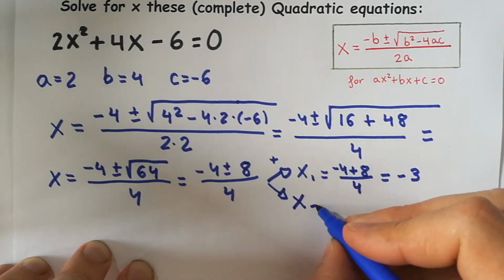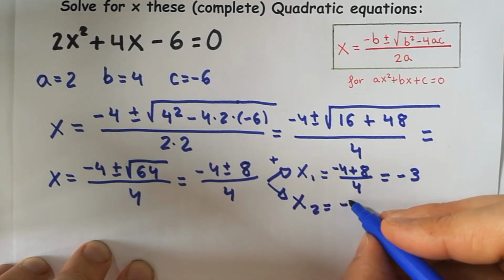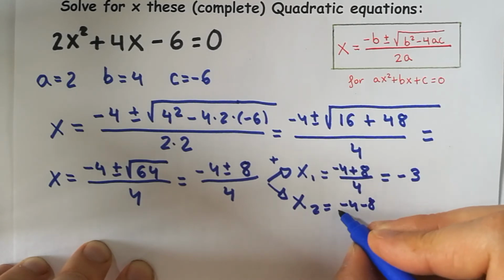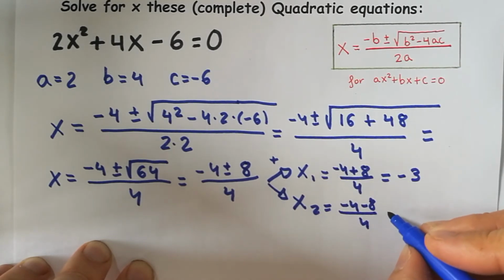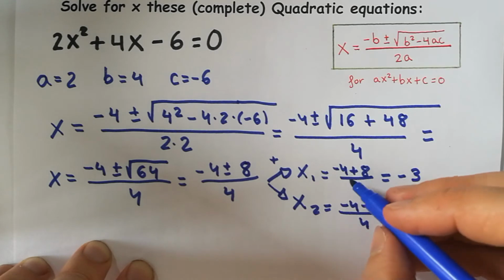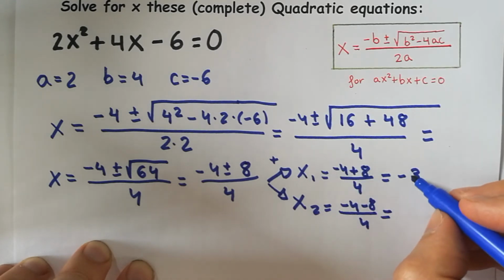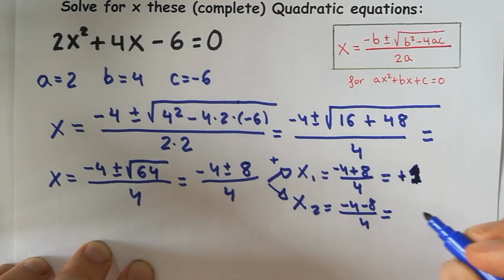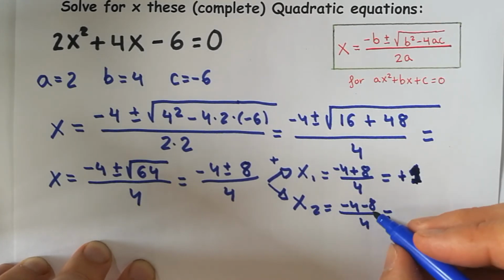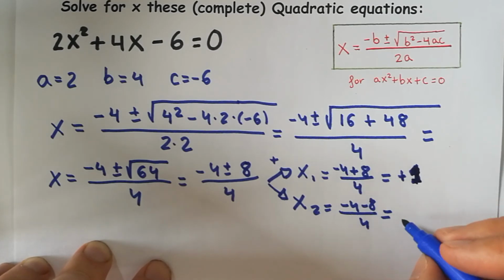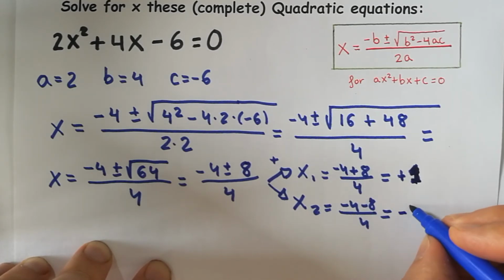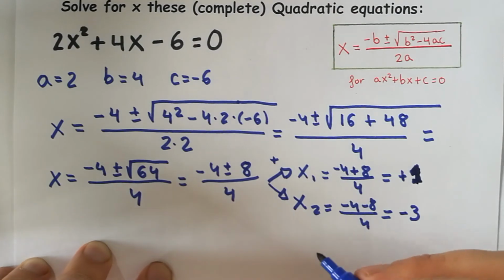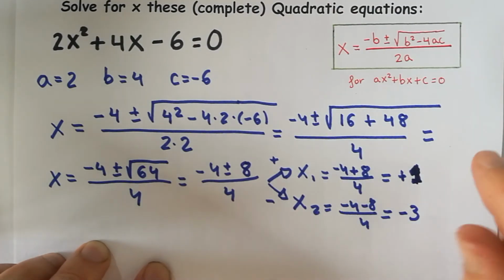And the second solution is minus 4 minus 8 over 4. Here we have minus 12 over 4, this is minus 3. These are the two solutions for this equation.